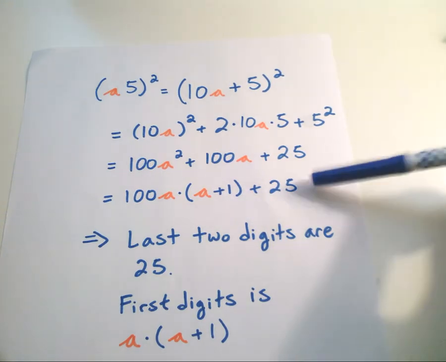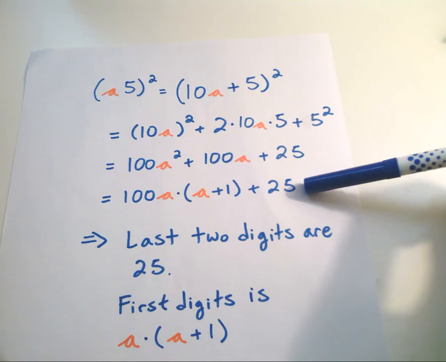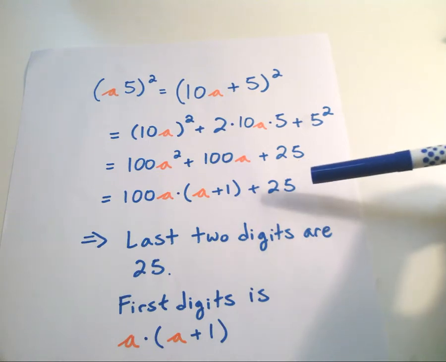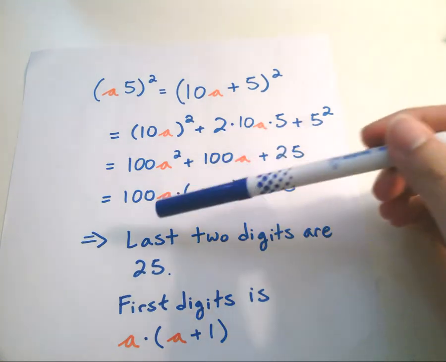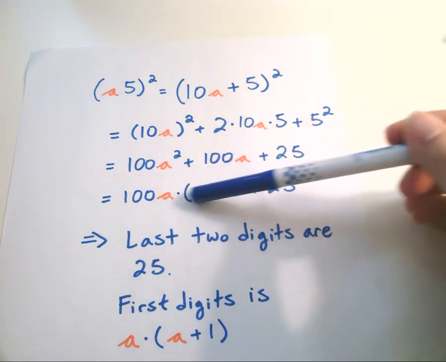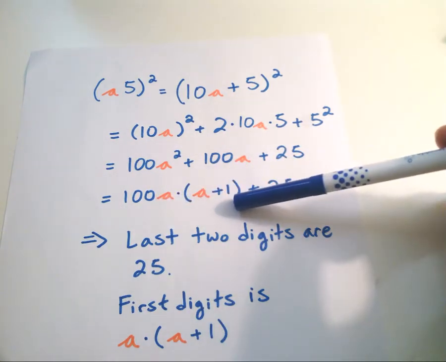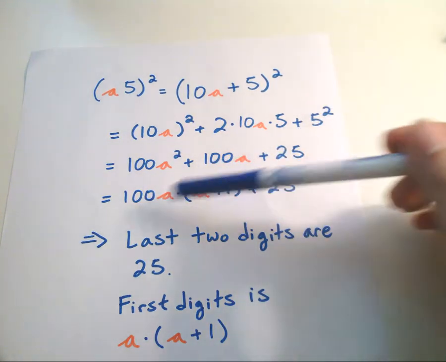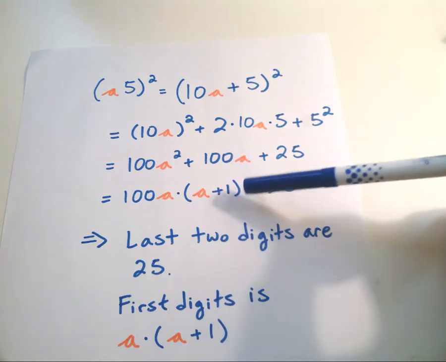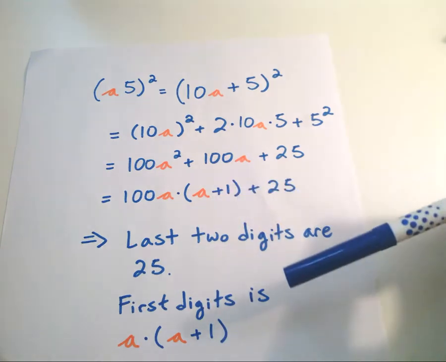So using this result, we can note the last two digits are always going to be 25. The reason why is because we have this a times a plus 1 multiplied by 100. This means that this particular quantity will never affect the 10th digit or the 1st digit.